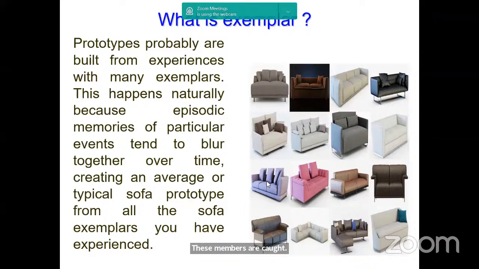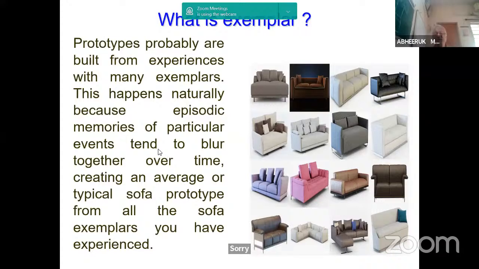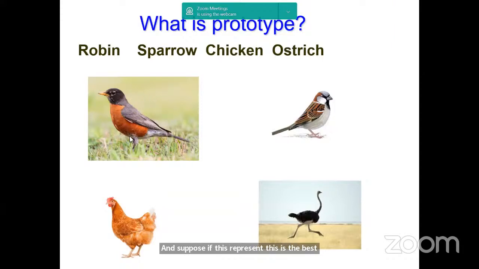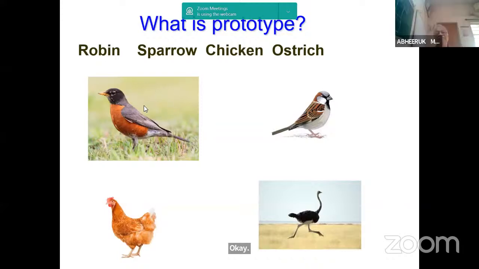In a category, in a concept, whatever members are there, they are called exemplars. I told you already. American birds, these are called exemplars. And if this is the best example of this group, then it is called prototype.